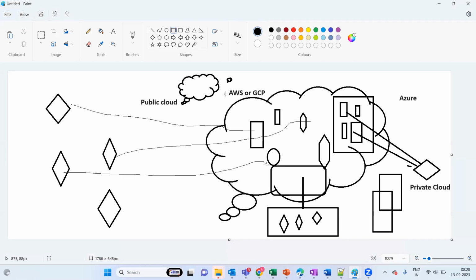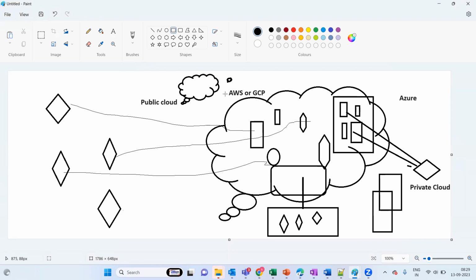Let's say your non-prod and UAT environment is on-premises, and production is in your cloud. That is one kind of approach.